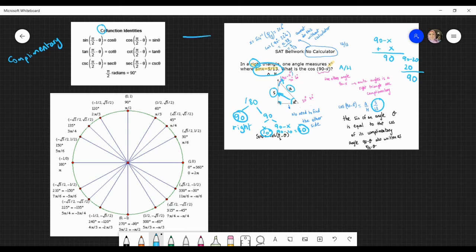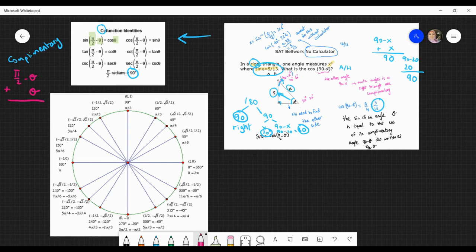Going back to our co-function identities, instead of using 90, we use pi over 2, and instead of using x, we use theta. So pi over 2 minus theta and theta are complementary angles. Why?